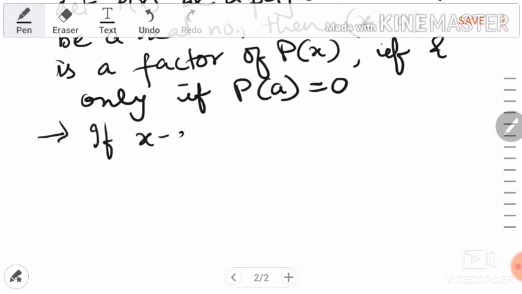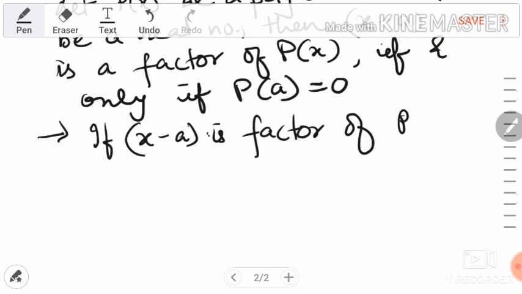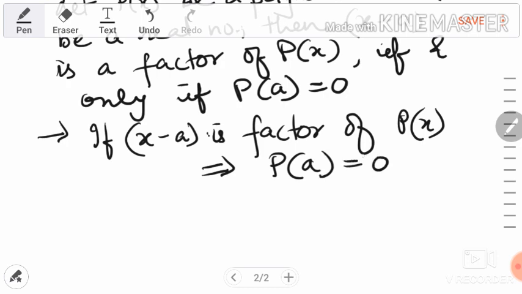If x minus a is a factor of p of x, then we can say that p of a is equal to 0.